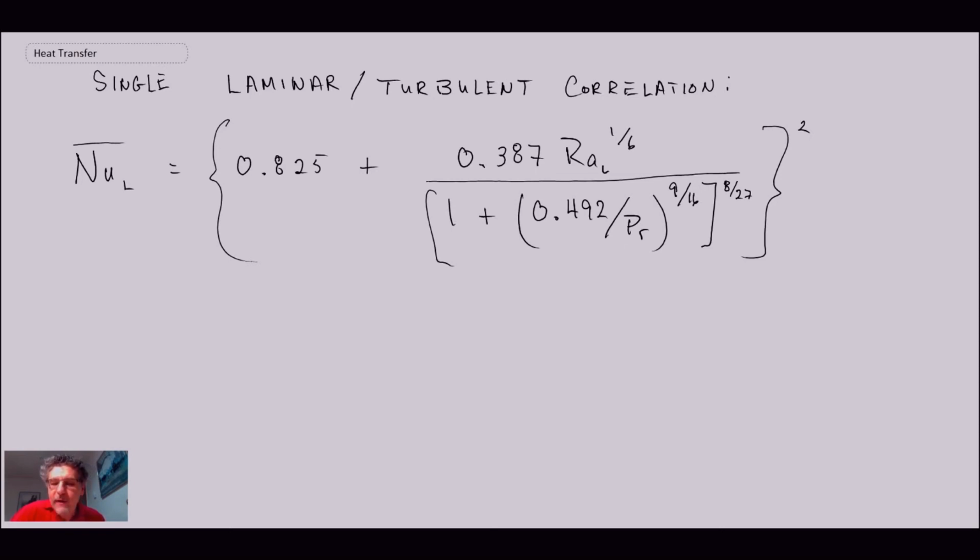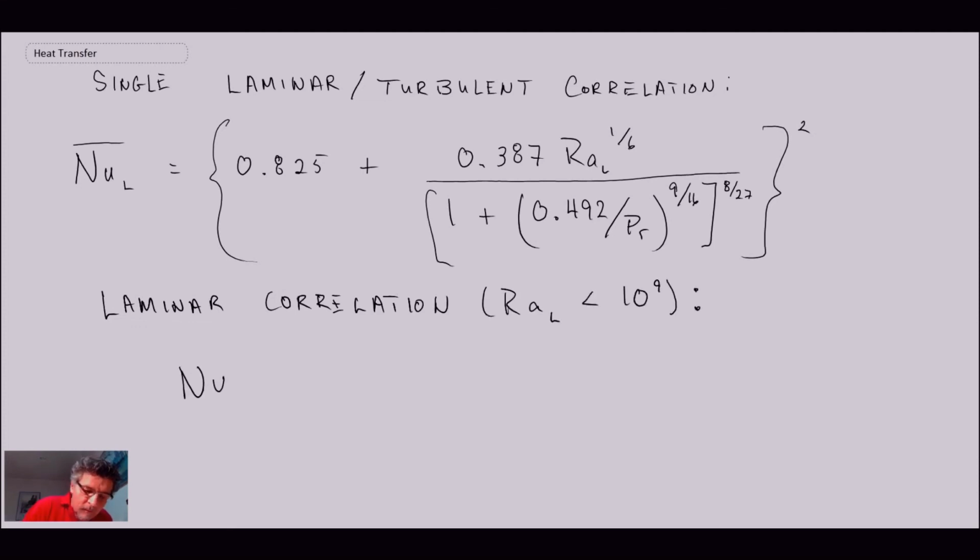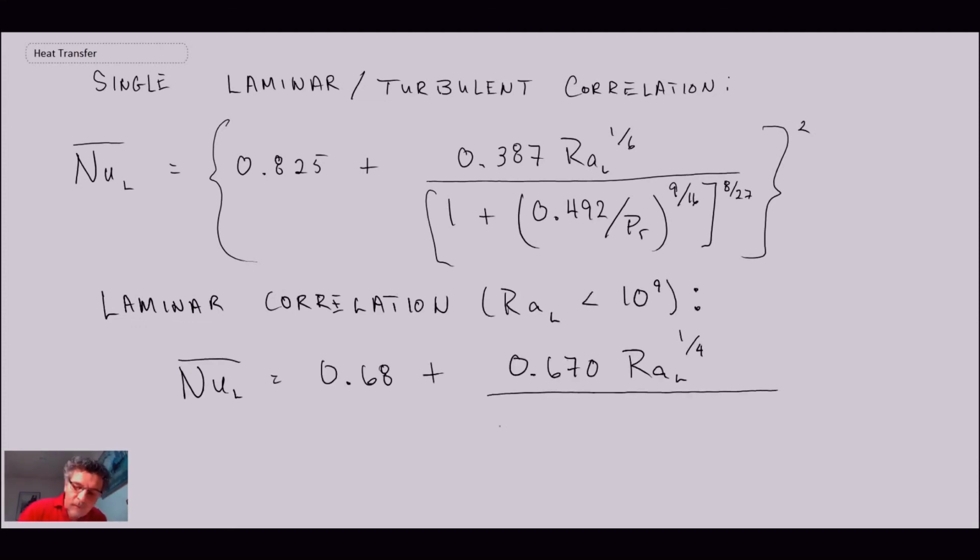And here you can see I've replaced the Grashof-Prandtl with the Rayleigh number in the expression, and the properties should be evaluated at the film temperature. Now, taking a look at a correlation that works only for the laminar flow regime, and so we have that correlation there.